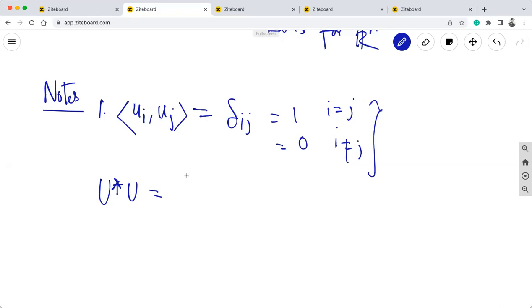So ultimately you will get an identity matrix. And again, if you do the multiplication the other way, you get the same result, the identity matrix, because of this property.